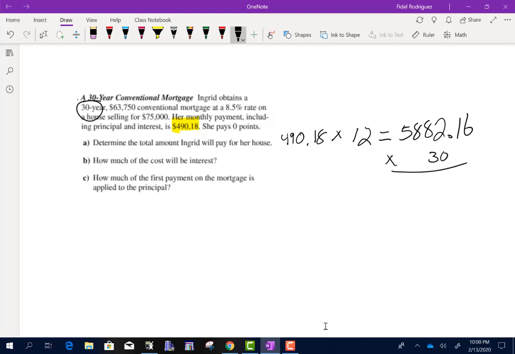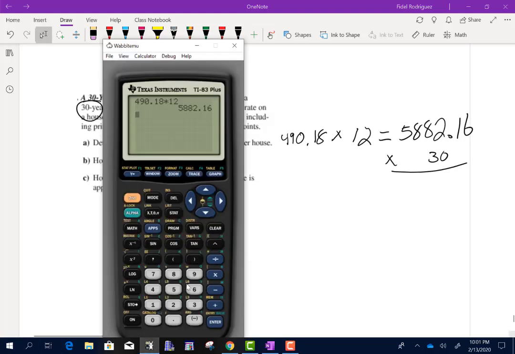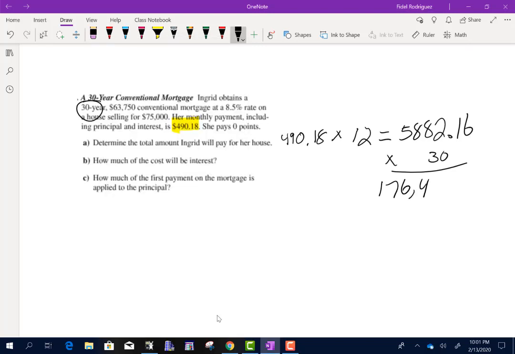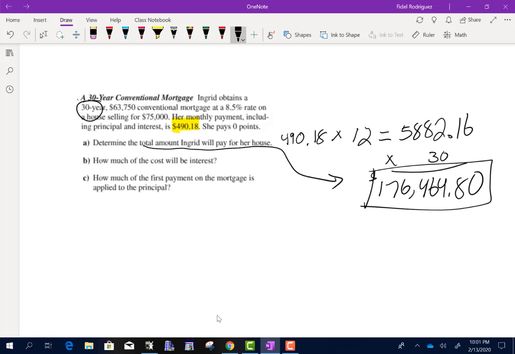So now I'm going to multiply that number by 30. So times 30. Okay. So she actually ends up paying a total of $176,464 and 80 cents, right? Okay. This is my answer for part A, right? That's what her total amount, the total amount that she actually paid was, right?